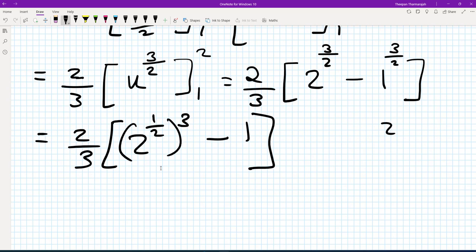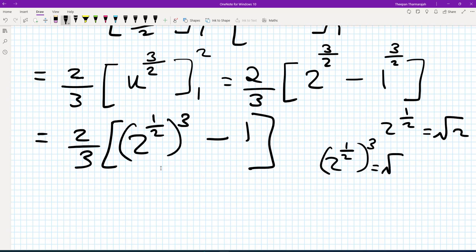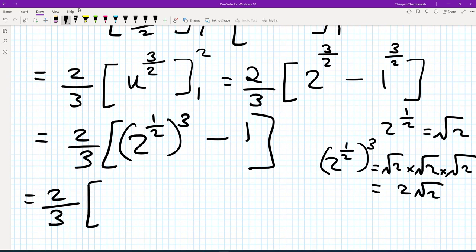We know that 2 to the power of a half is the square root of 2, and raised to the power of 3 it's root 2 times root 2 times root 2, which will give me 2 root 2. So we can write our final solution as 2/3 times (2 root 2 minus 1).